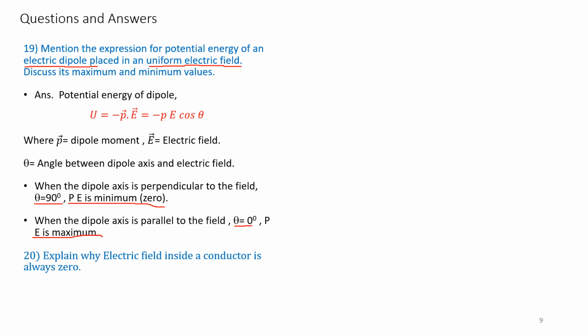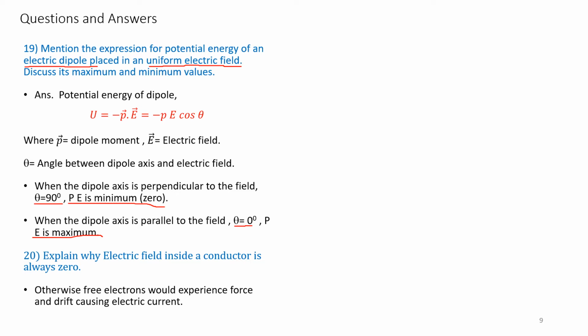Question number 20. Explain why electric field inside a conductor is always 0. Otherwise, if there is a field in the conductor, the free electrons will experience force and drift, causing an electric current.